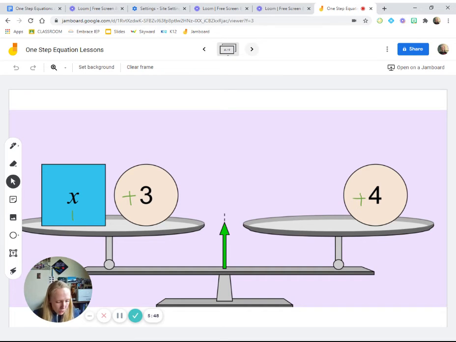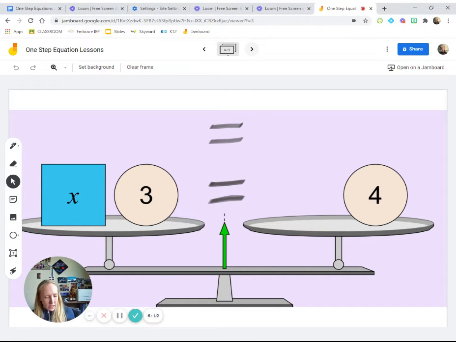The other thing that we can do is write this as an equation, and this is really cool. I'm going to use the middle part right here, the balance point of the scale, as my equal sign. So I'm going to write an equal sign up here and write this equation.